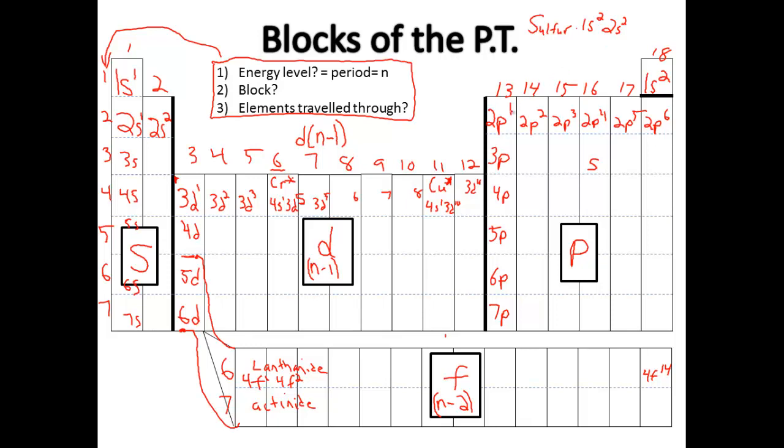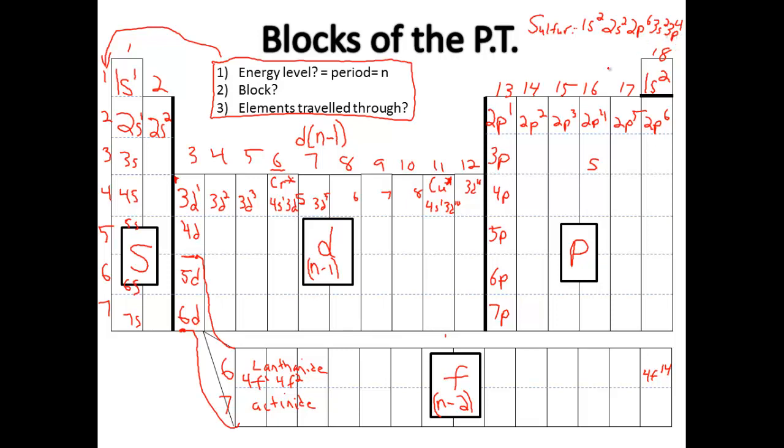Our 2p, 1, 2, 3, 4, 5, 6. Our 3s2. And finally 1, 2, 3, 4, 3p4 is where we would end at. So sulfur's electron configuration is 1s2, 2s2, 2p6, 3s2, 3p4.